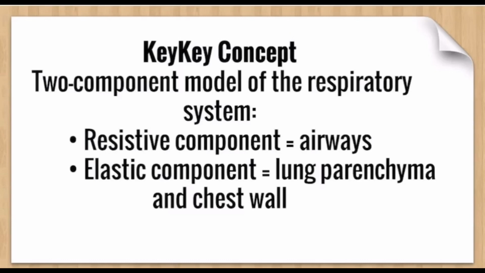Now, the key concept: as per the two-compartment theory, the proximal airway pressure is equal to the sum of the resistive component, which is because of the airway, and the elastic component, which is purely because of the lung parenchyma and the chest wall.